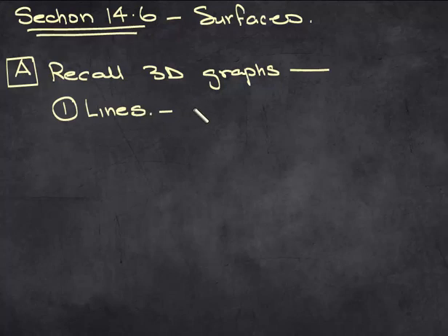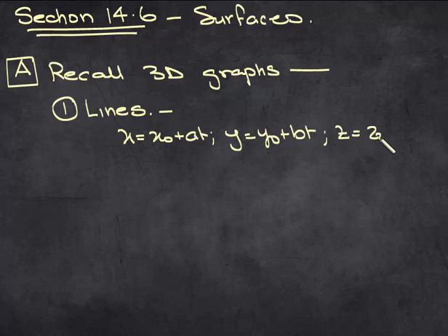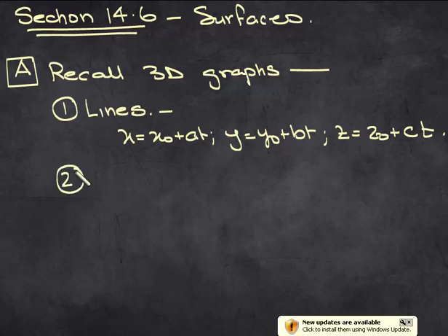We had a couple different options here, 3 different types, but I'll write the parametric equations. So we know how to graph lines. We have x is equal to x naught plus at, y is equal to y naught plus bt, and z is equal to z naught plus ct. So far we know what that looks like, correct?